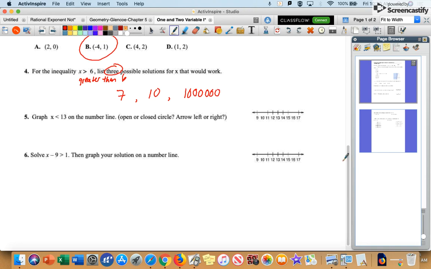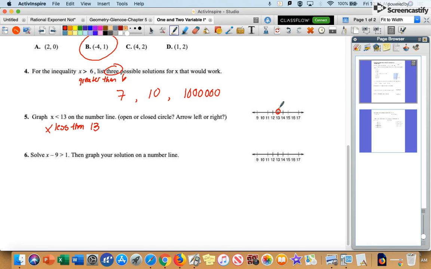Graph x is less than 13 on the number line. All right, so we're basically just taking what we had in 4, a slightly different one, but showing it on a number line rather than just stating the solutions, because since there's an infinite amount of solutions, I can't list them all, but I can use a number line to help me. 13 is where our solutions are starting, but notice it's not equal to 13, so we represent that with an open circle.